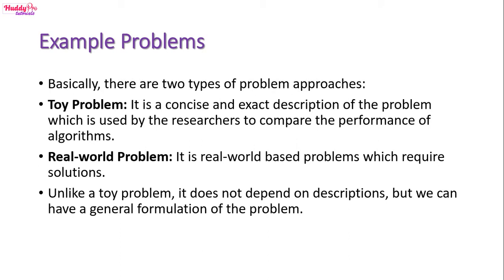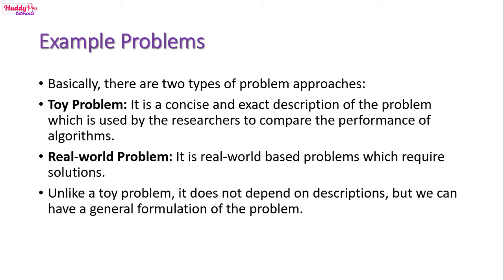It's a concise, that means brief or simple, but detailed and clear, and exact description of the problem, which is used by researchers to compare the performance of algorithms. So you have some problems that we can use to compare how our algorithms perform.